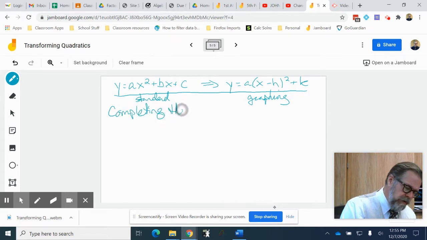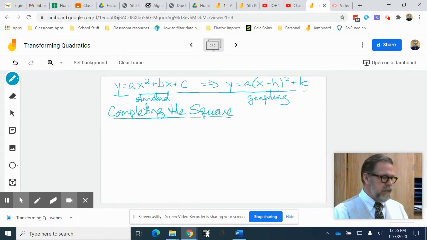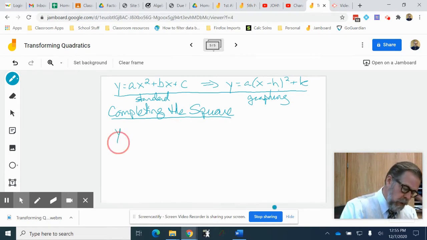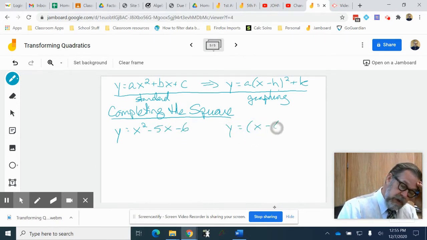I will very quickly show you how that works, and then we'll generalize a little bit. So I'm going to start with y equals x squared minus 5x minus 6. And very quickly notice that I could factor this as y equals (x minus 6)(x plus 1).